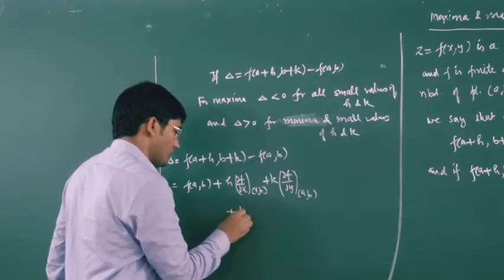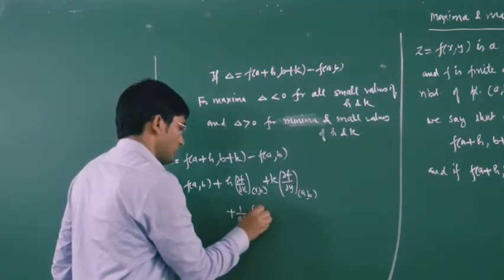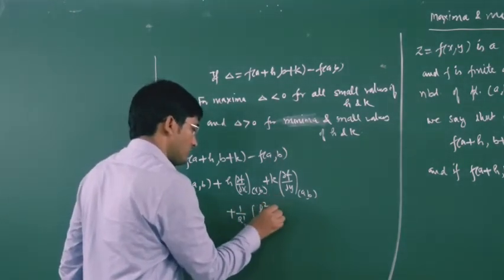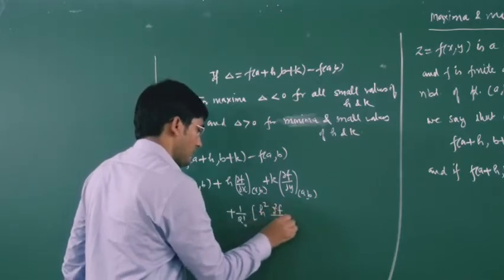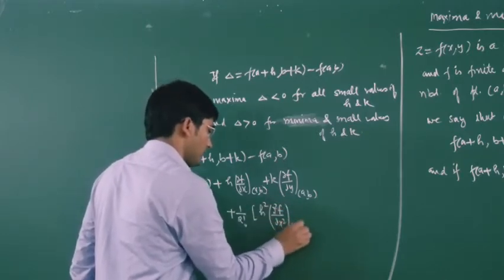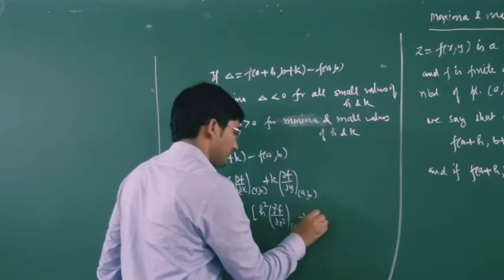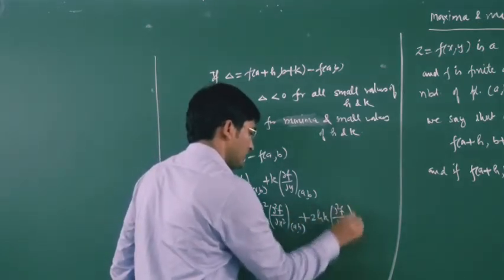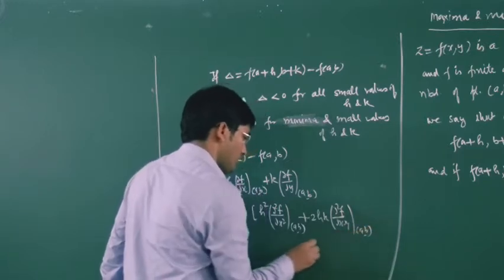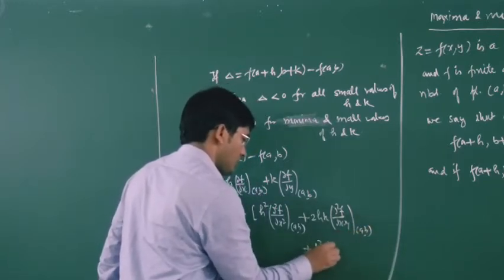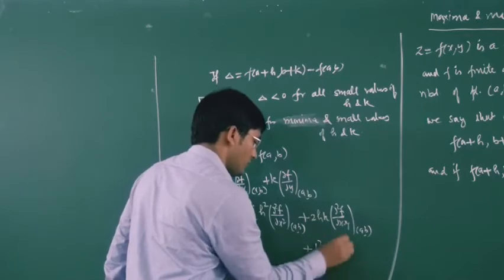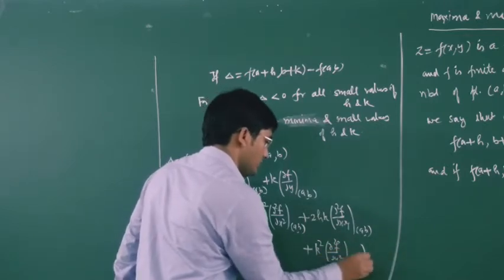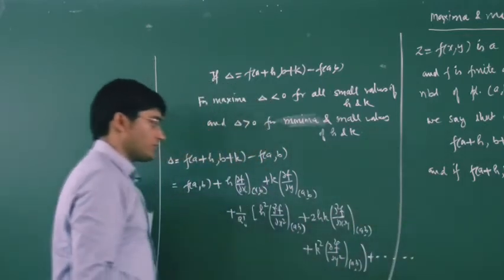That means 1 upon factorial 2 of h square del 2 f upon del x2 at (a, b) plus 2hk del 2 f upon del x del y at (a, b) plus k square del 2 f upon del y2 at (a, b), and then the higher order terms.